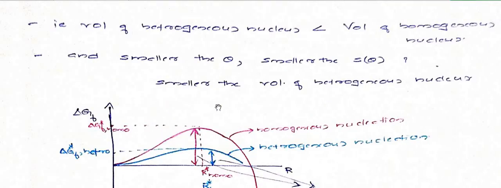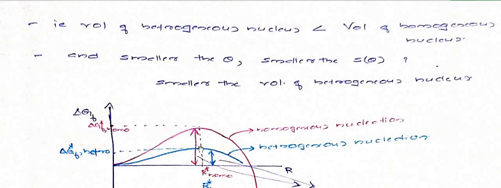So this is all about heterogeneous nucleation, and from the study we understood that heterogeneous nucleation is the most feasible nucleation in real time. The surface and impurities act as the center or point of nucleation, and if we remove them, the nucleation or crystal growth can be controlled.